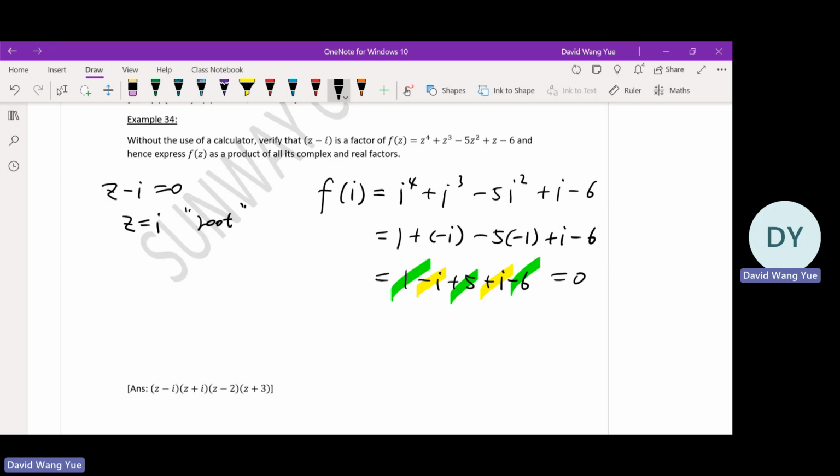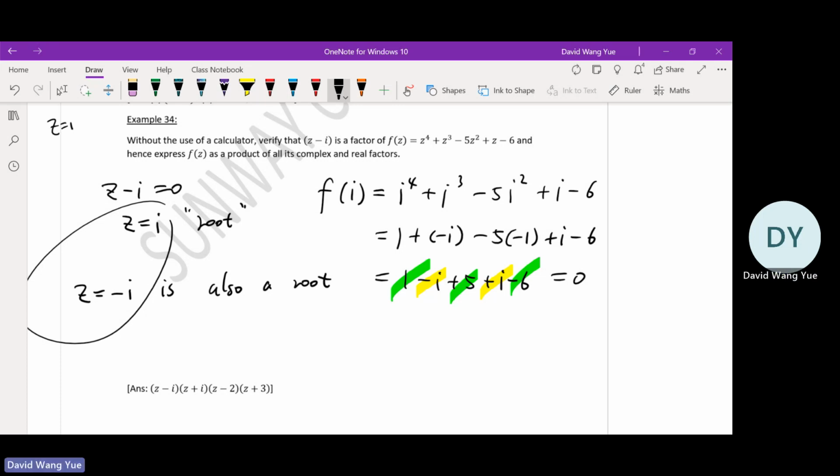Now, if z minus i is a factor, z equals i is a root, then z equals minus i is also a root, because complex numbers always come in conjugate pairs. So that means the other factor is z plus i.